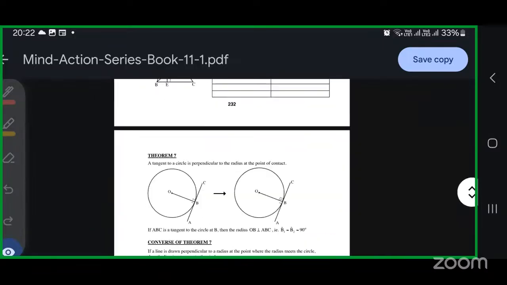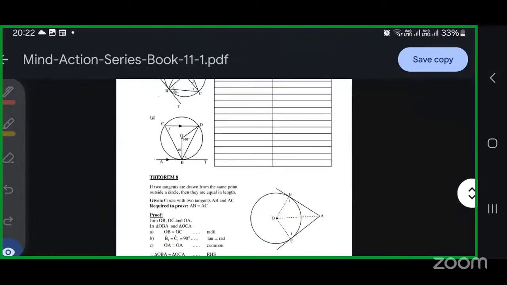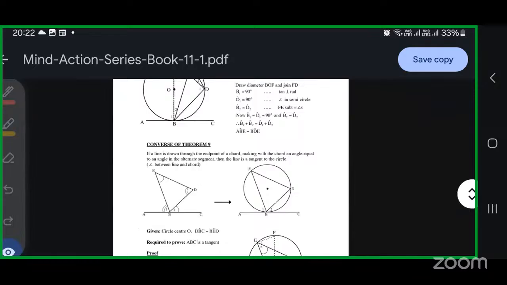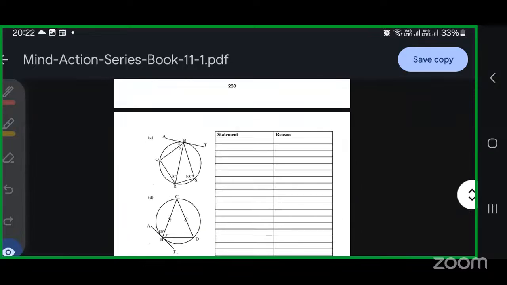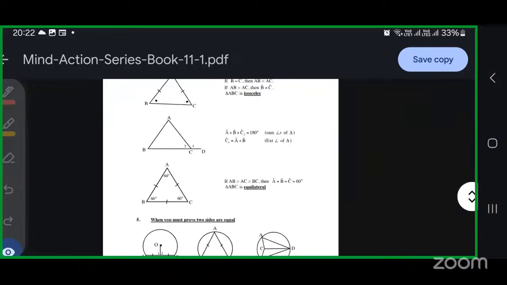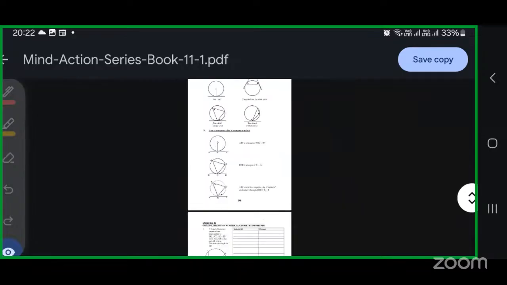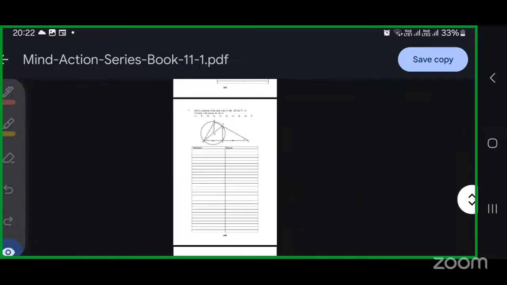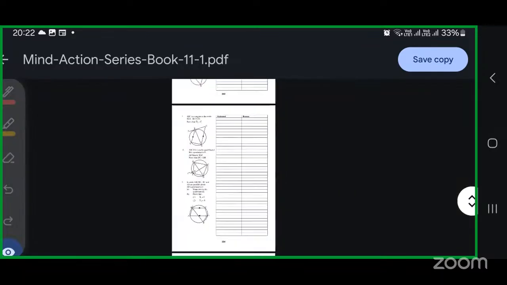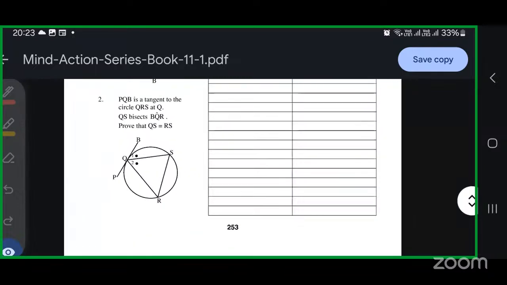Where was I? Almost. We are here. Okay, now we are on number 2.